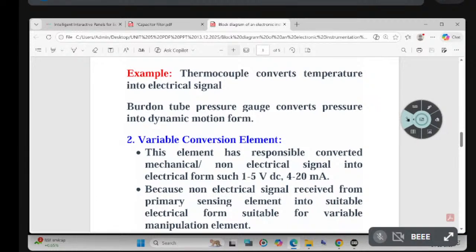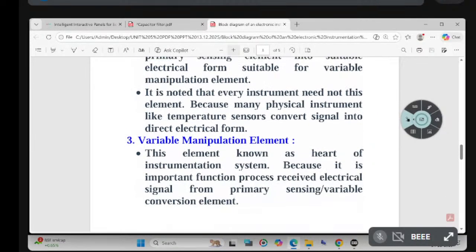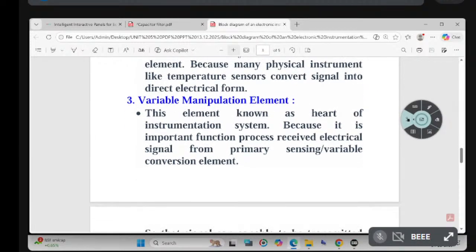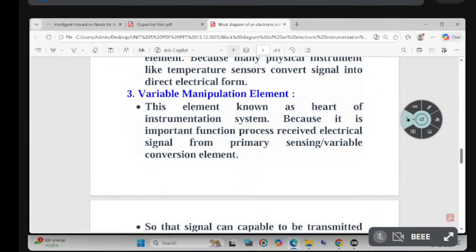Next, the variable manipulation element. Now we have to manipulate the variable after conversion into an electrical signal. It is an important function that processes the received electrical signal.